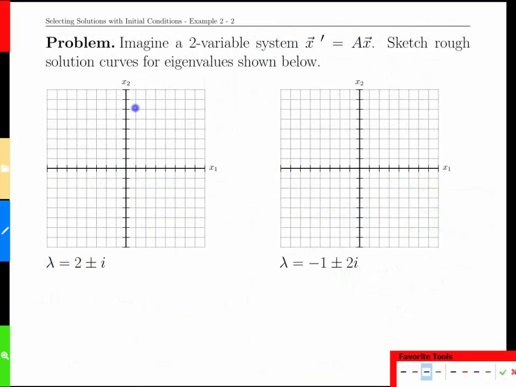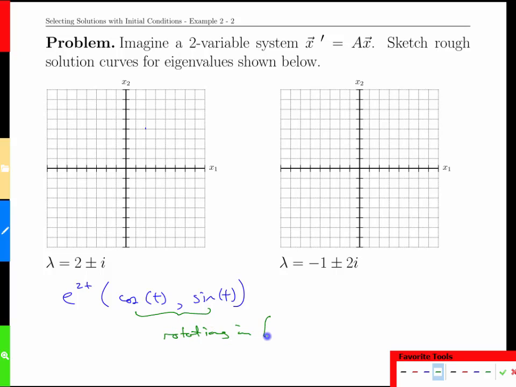On the plane x1, x2, thinking of the kinds of solutions we get, we'd have cos of t's and sine of t's and vectors that go with that. What we'd get is vectors out that are eigenvectors, but at the end of the day, these represent rotations in the x1, x2 plane. If you think of the classic example of cos t and sine t as a vector, that gives you a perfect circle.